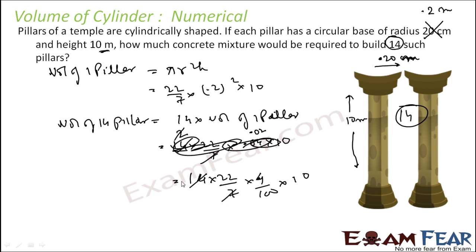So let me calculate. This gets cancelled, 2. That's all. So we have 8 into 22, that is 176, and this is divided by 10. So 17.6, and the unit is in meter cube. And that is my answer. Pretty easy. So we found the volume of one pillar, multiplied with 14 to get the volume of 14 pillars, and that is the concrete required to build 14 such pillars.